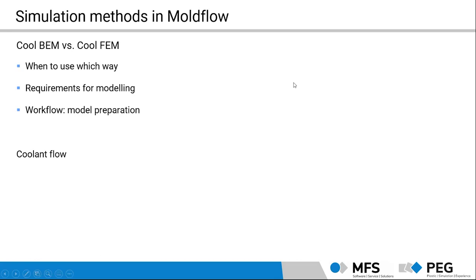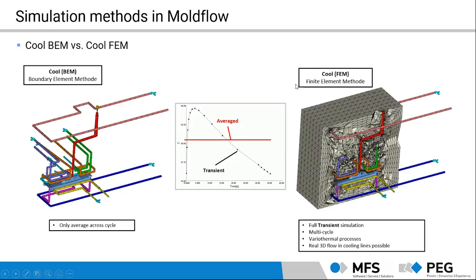And then we will go really into detail on the different methods. What does it mean, Cool BEM, Cool FEM, and the requirements, as we see here. The one on the left side, the BEM method, does not really have a mold design around, while the Cool FEM always requires a 3D mold mesh.